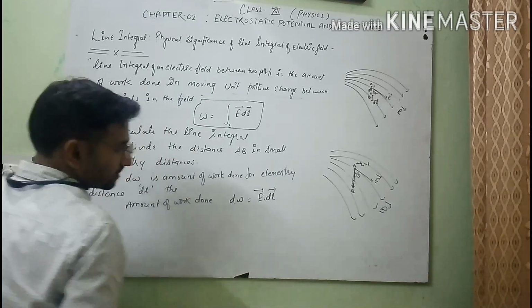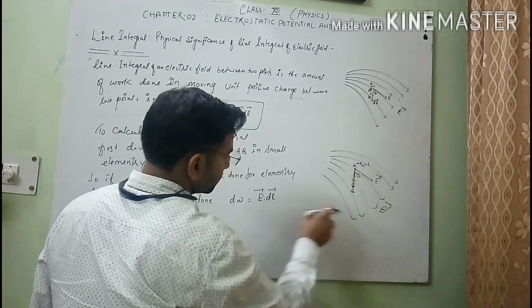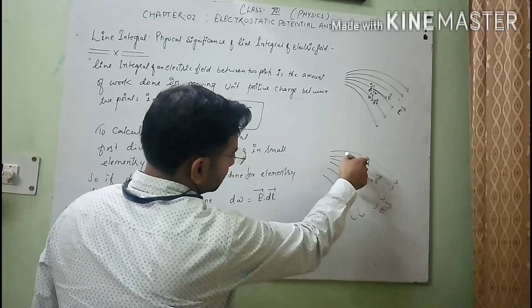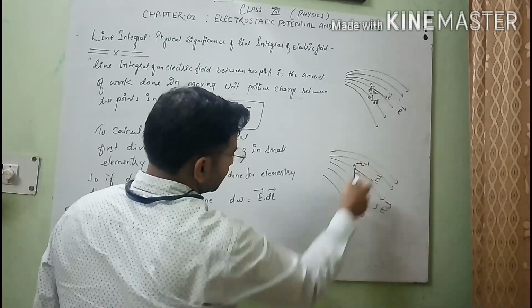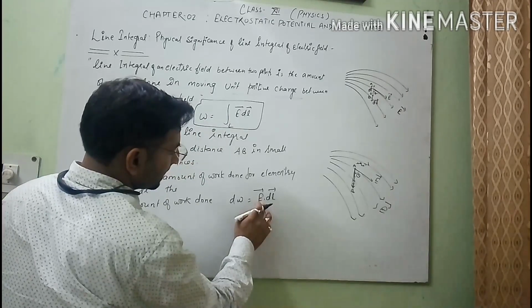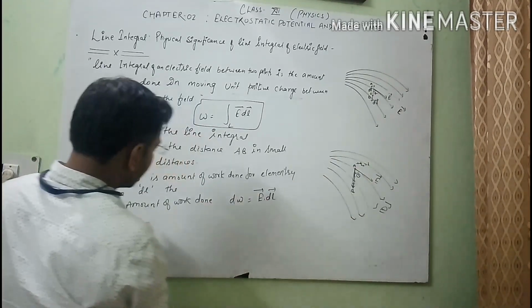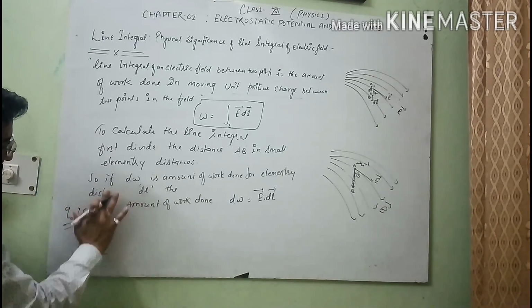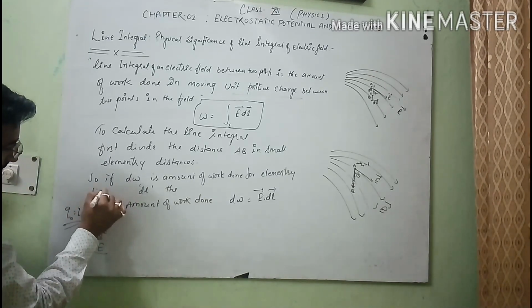It is very clear in front of you that the direction of the dl vector, which is the direction of AB, makes angle theta with the electric field. So I have written this elementary displacement here. You can use the word displacement in place of distance.